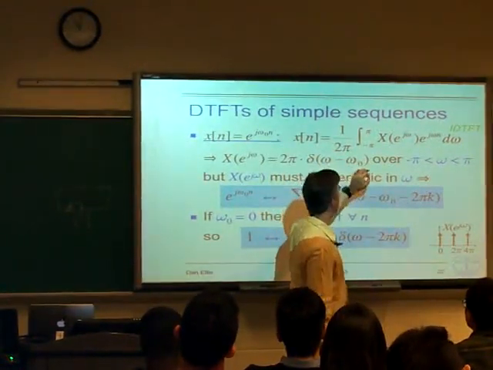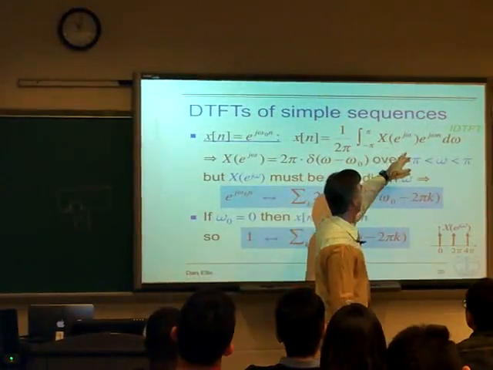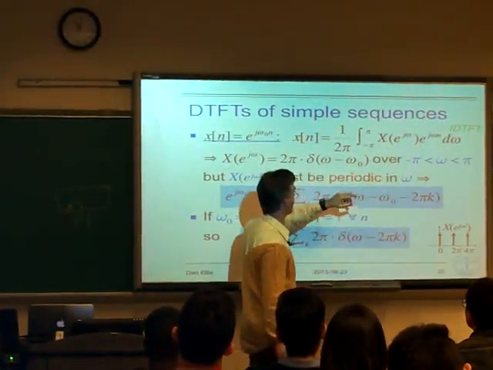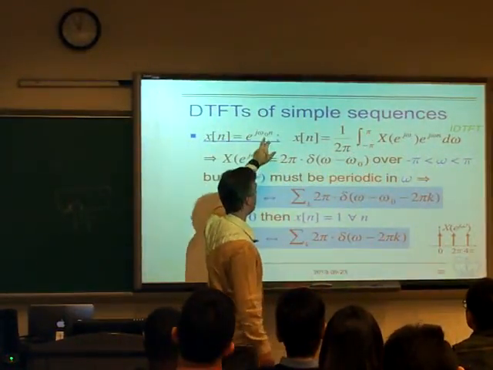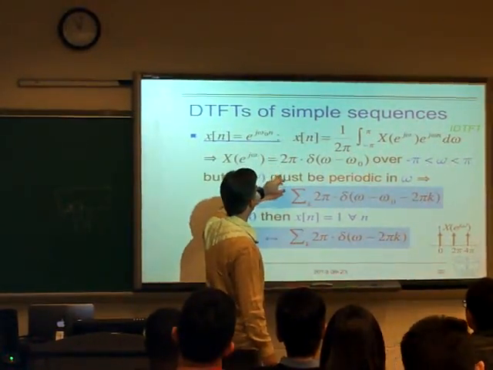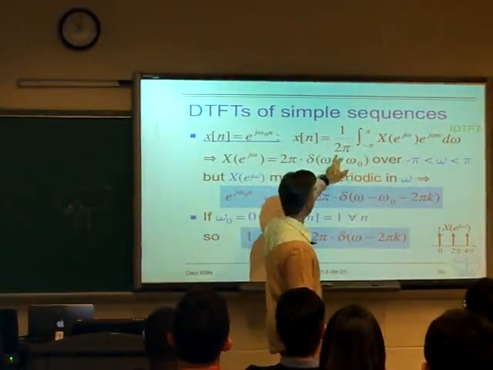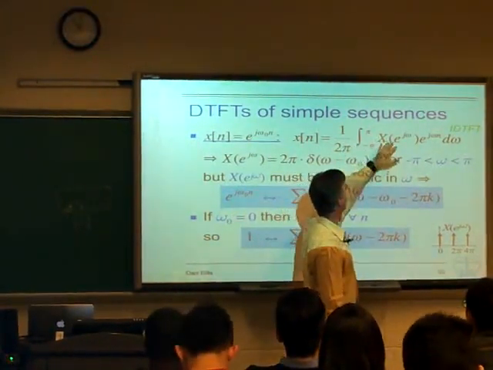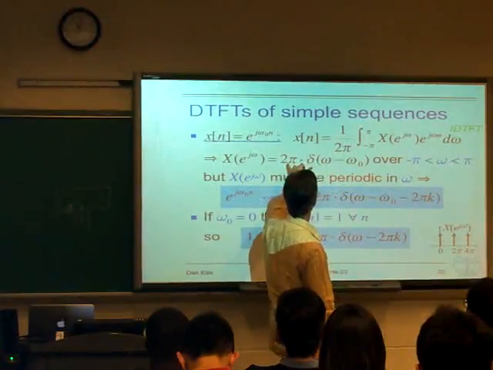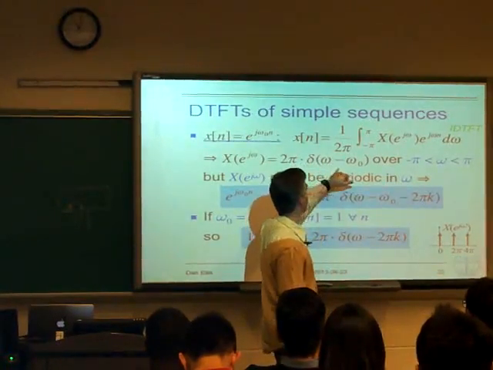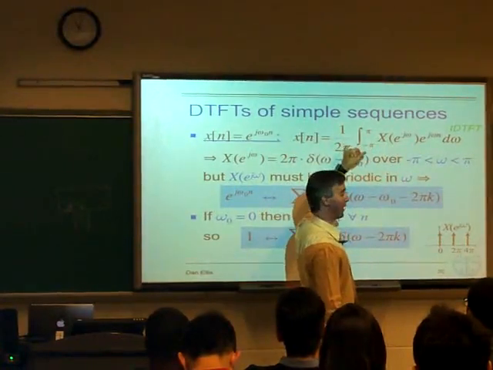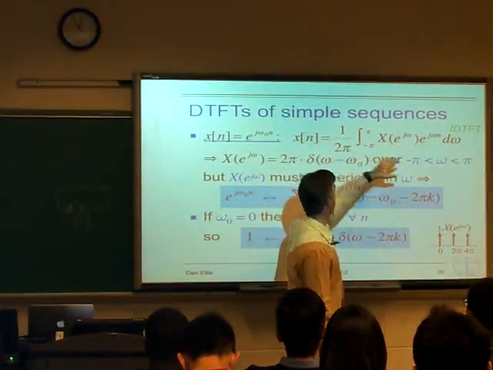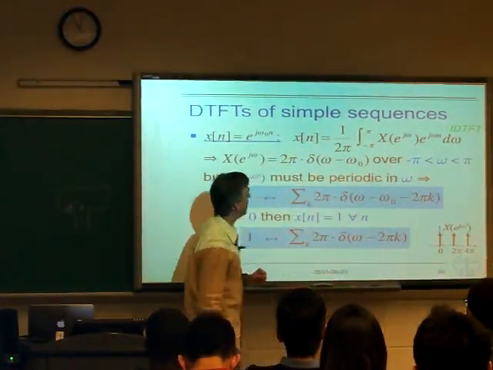So just by inspection, we know that X of e^(j omega) must be 0 for all values of omega over this integral range, minus pi to pi, except for omega_0. And for omega_0, we actually want this whole thing just to integrate out to 1, so we'd want it to be 2 pi times delta of omega minus omega_0, so that when we integrate and then have this obligatory 1 over 2 pi, we get just the e^(j omega_0 n) coming out.